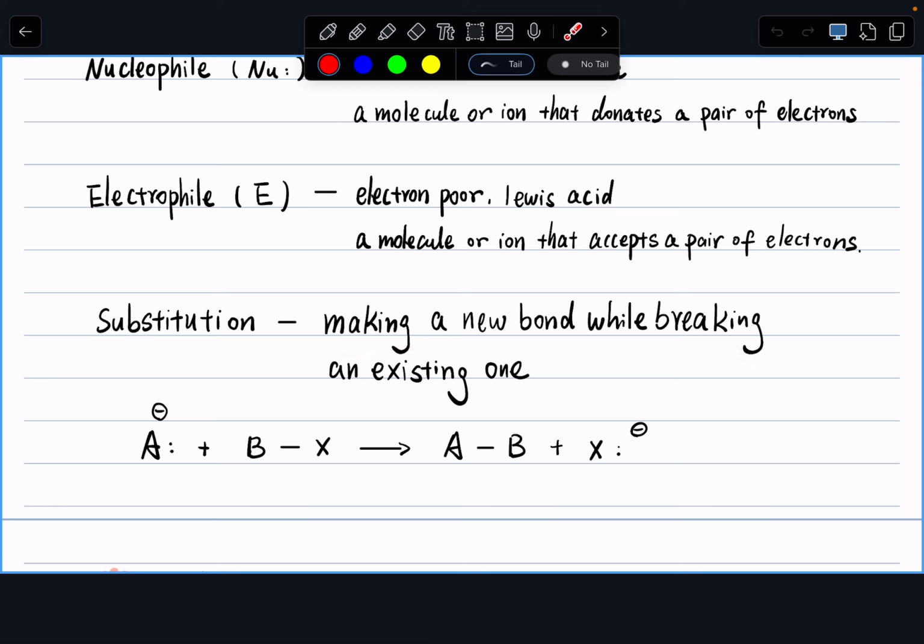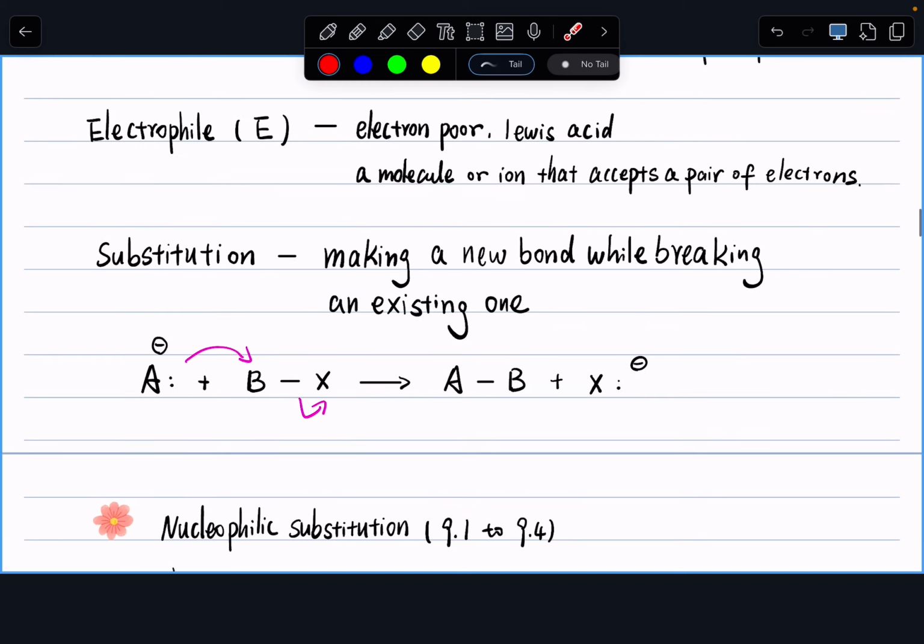So if we're doing the arrow pushing here, we're talking about formation of the new bond between A and B and breaking the bond between B and X. But if we think about what is happening here, effectively we're making a new chemical bond between A and B. We're breaking an existing chemical bond between B and X. So naturally, one can propose two different reaction mechanisms for this substitution to take place.